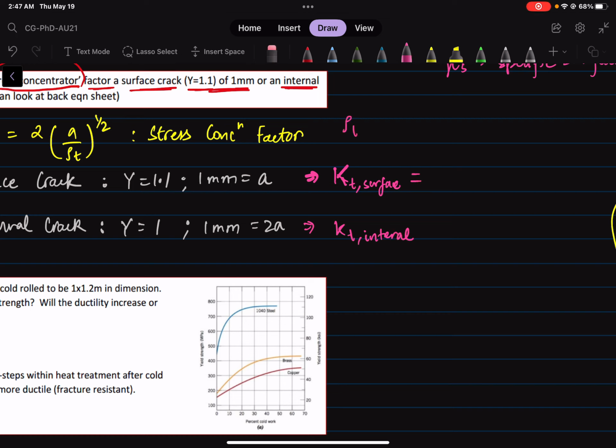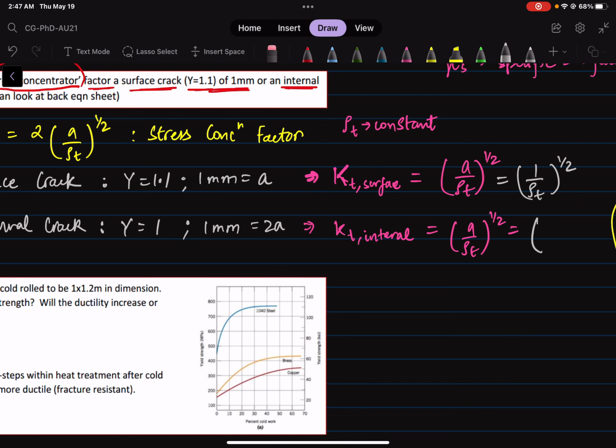Considering that rho t is constant for both cases, which is the radius of curvature of the crack, this will be a over rho t square root, which will be 1 over rho t square root. While for the internal crack, it will still be a over rho t, but with a over root 2 under the square root, and then that will come down here.